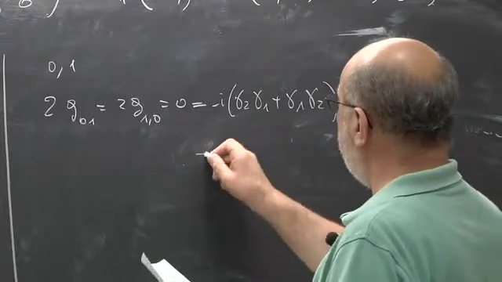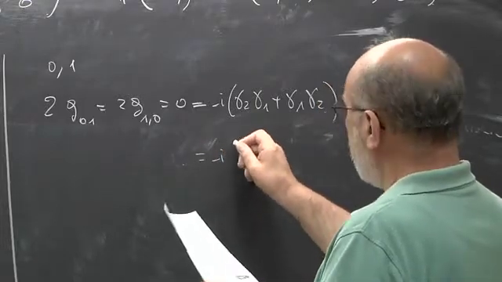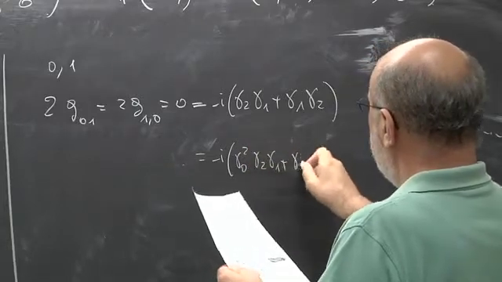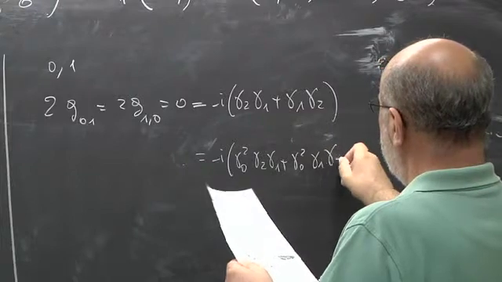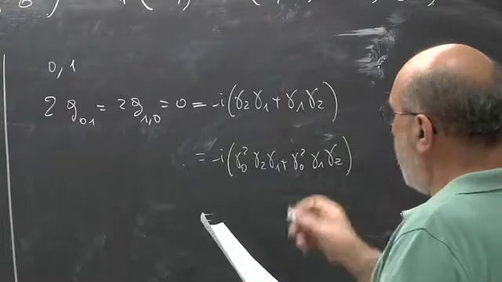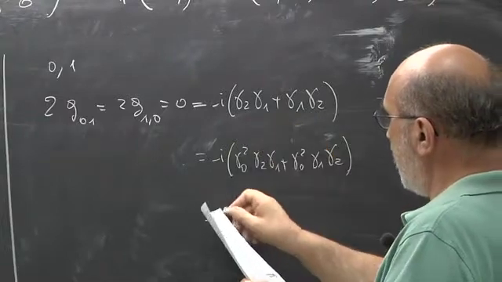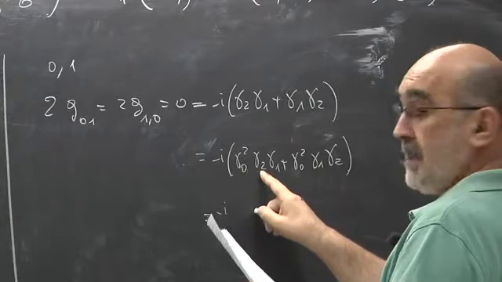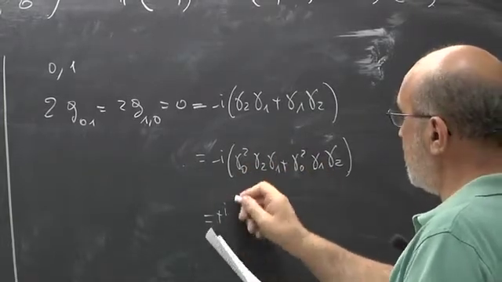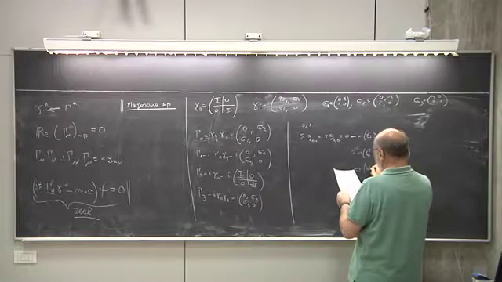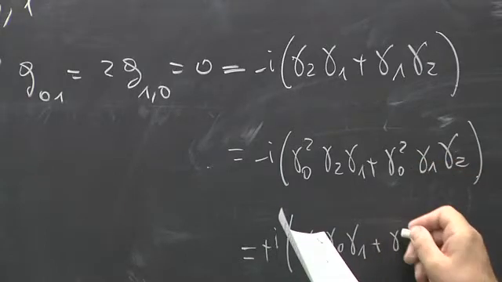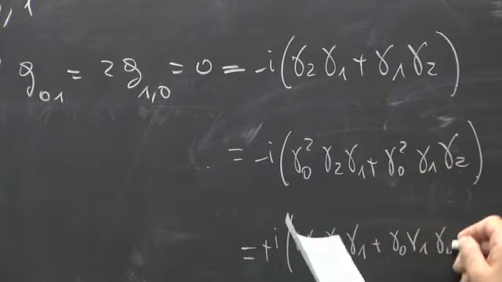Now we can multiply this by gamma 0 squared and get gamma 0 squared gamma 2 gamma 1 plus gamma 0 squared gamma 1 gamma 2. Then I can bring one of these gamma 0 into there, I change sign, and I have gamma 0 gamma 2 gamma 0 gamma 1 plus gamma 0 gamma 1 gamma 0 gamma 2.